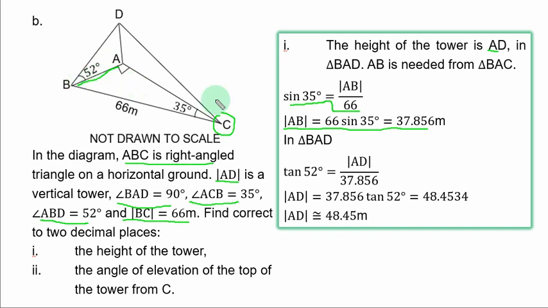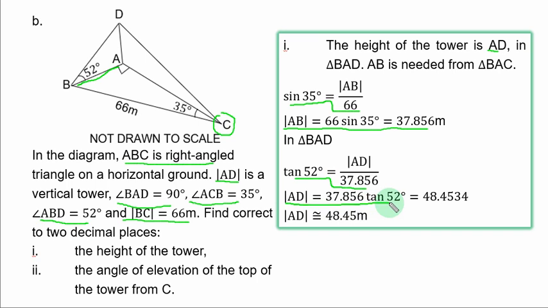We must use tangent. So tan 52 degrees is equal to opposite AD over adjacent 37.856. To get AD, you simply cross multiply, where you have AD equal to 37.856 times tan 52 degrees.